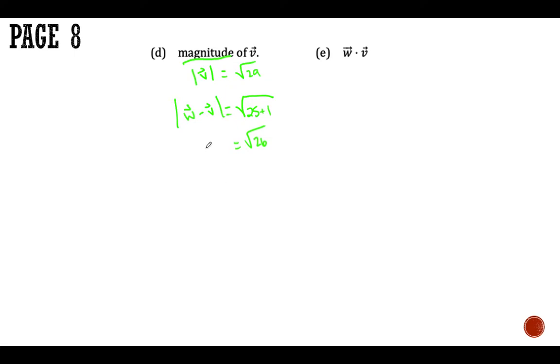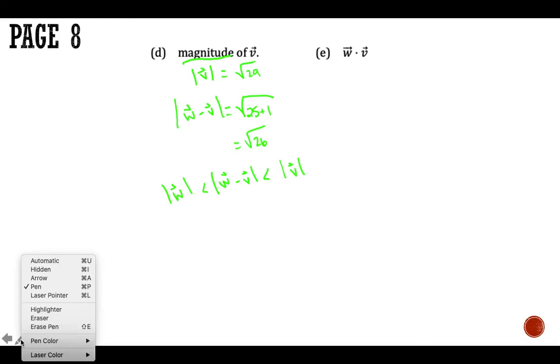This vector is smaller than vector V, but bigger than vector W. Yes? All right, so those are a brief review of the regular operations with vectors.